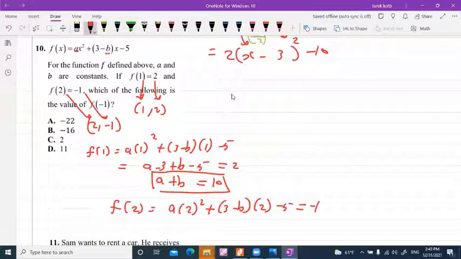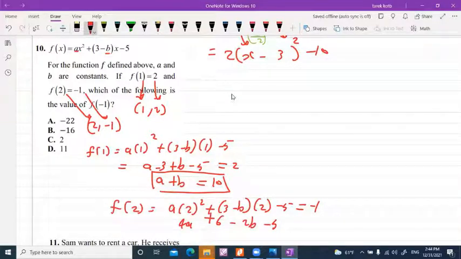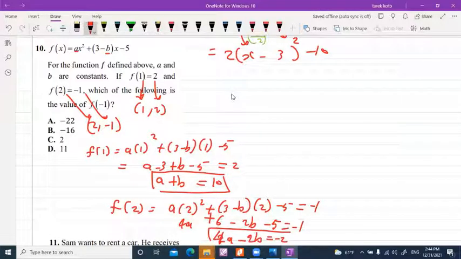So it will be 4a only, plus 6 minus 2b minus 5 equals negative 1. And that will give me 4a minus 2b equals negative 2. This is the second equation.